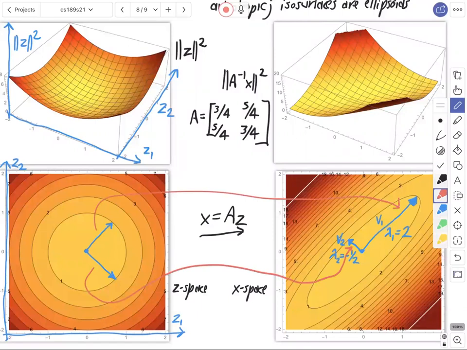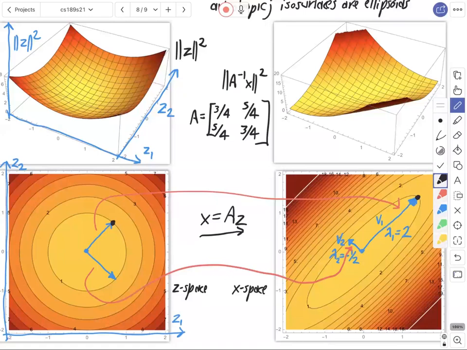So the way that A maps a vector, that applies to any particular point on these isocontours. So we have a particular point that has a particular f value, and that gets mapped to a corresponding point using the eigenvalue as a multiplier, as I showed you.